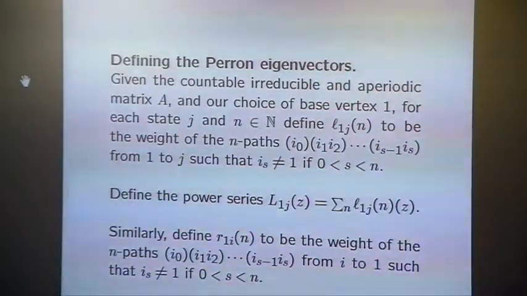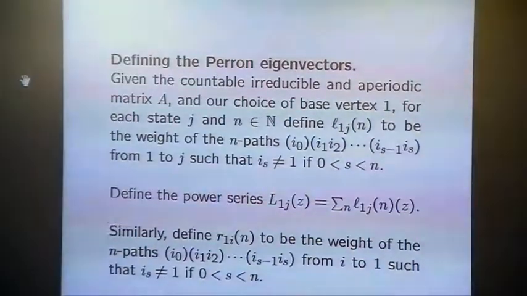This is the weight of the n-step paths from 1 to j that don't hit 1 in between.